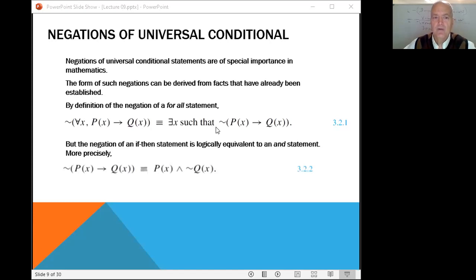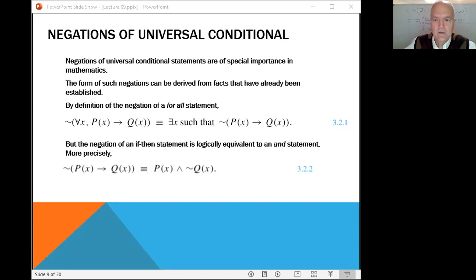Now, if you'll remember from chapter 2, the negation of this conditional is going to be logically equivalent to there exists an X such that P of X is true and Q of X is not true, or in other words, not Q is true.